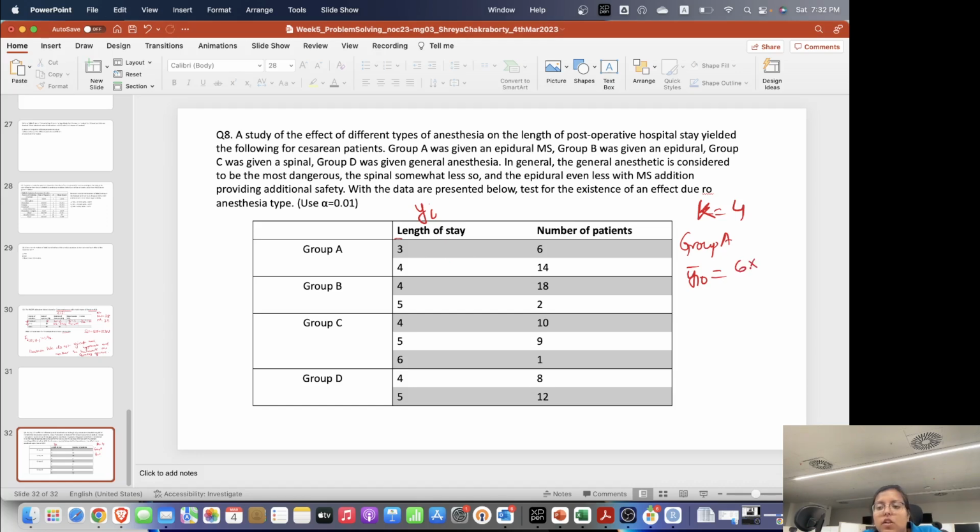So 6 into 3 plus 14 into 4, divided by the total number of patients, 20. Similarly, y2 naught bar will be 18 into 4 plus 2 into 5, divided by 20.